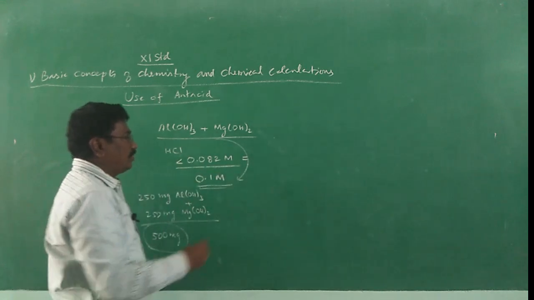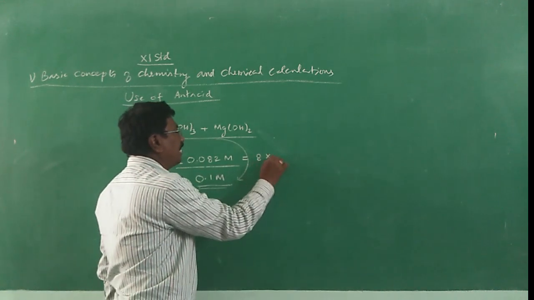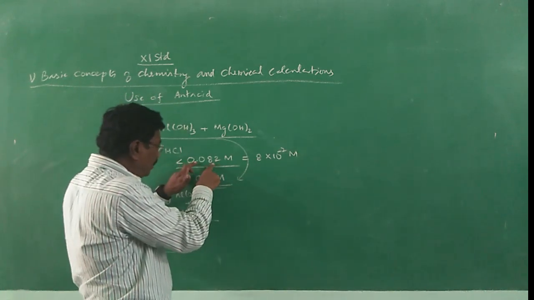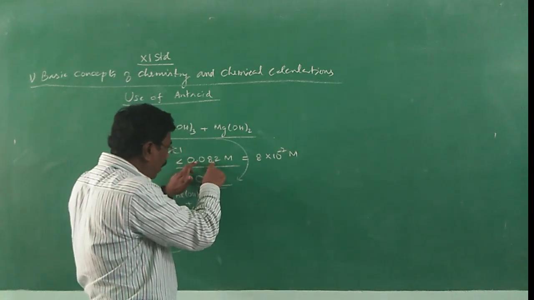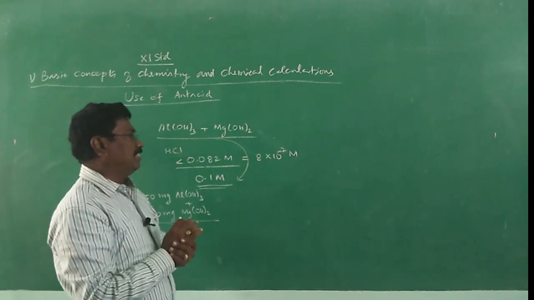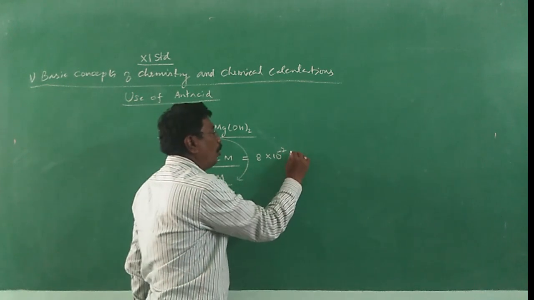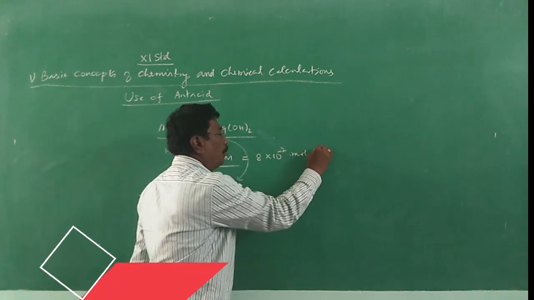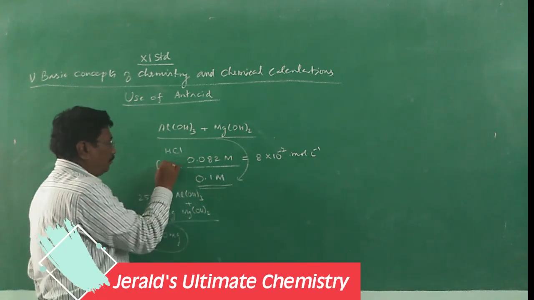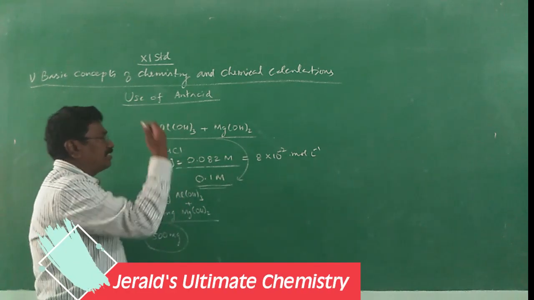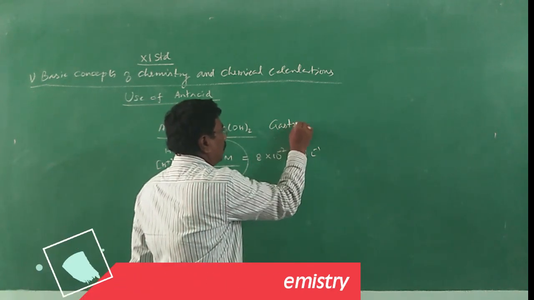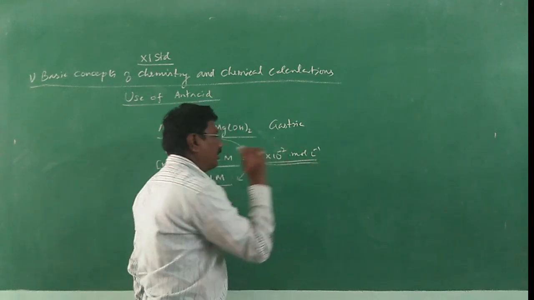Concentration is this much, which means 8 into 10 power minus 2 molar approximately. 0.082, I made it as 8.2 into 10 power minus 2, approximately 8 into 10 power minus 2 molar. Molar means mole per decimeter cube or mole per liter. This is the hydrogen ion concentration usually available in gastric acid found in our stomach.